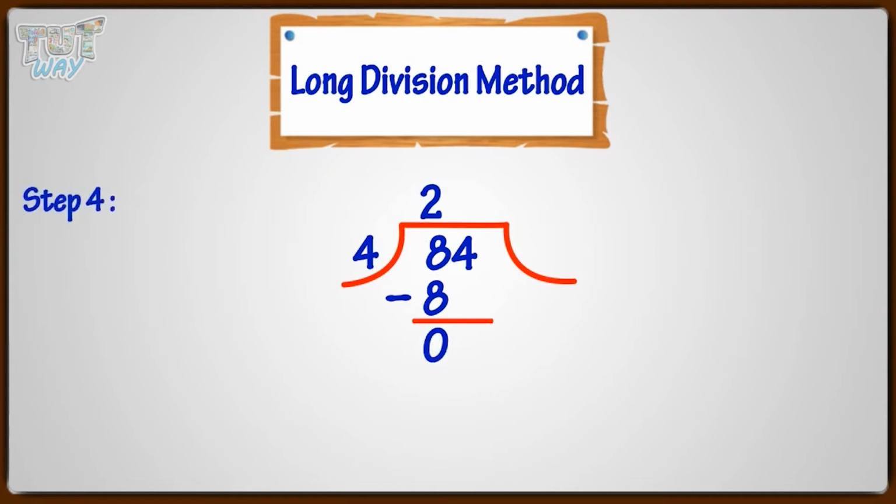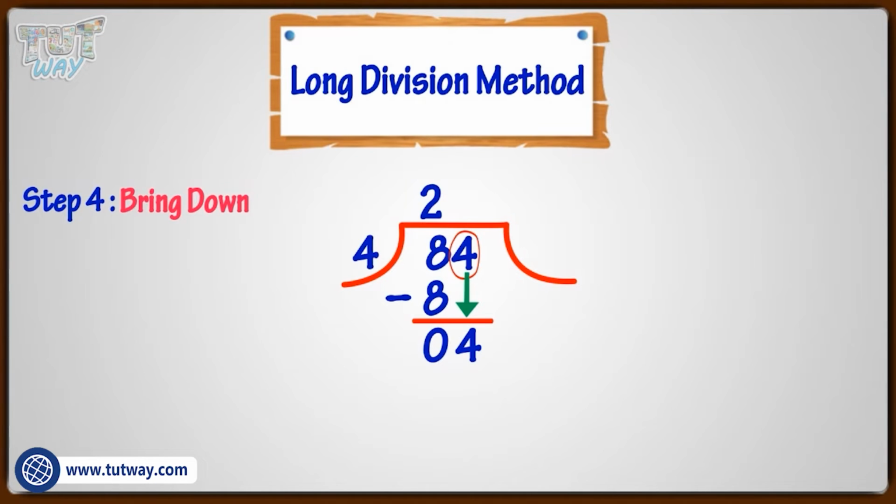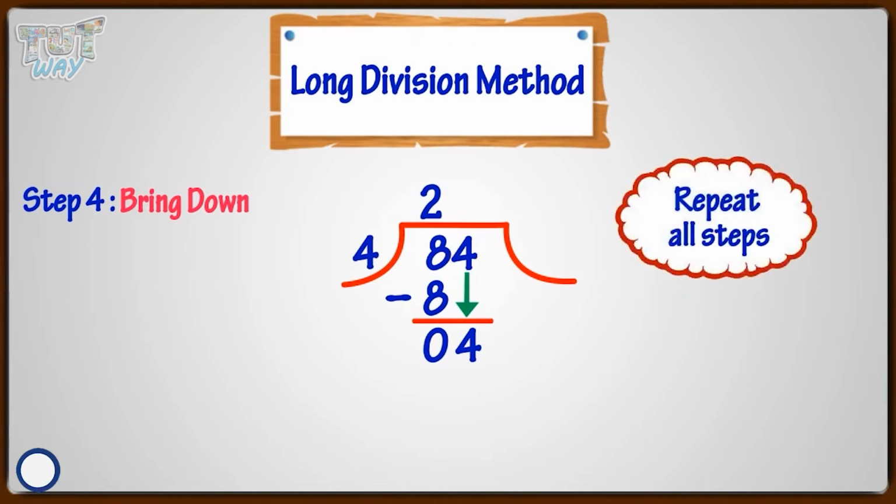Now, following the fourth step of long division method, that is, bring down. Here, bring down the next digit in the dividend, if any is left, and write it below. Now, we have followed the 4 steps of long division method. Now repeat all the steps till no digit is left in the dividend to bring down.